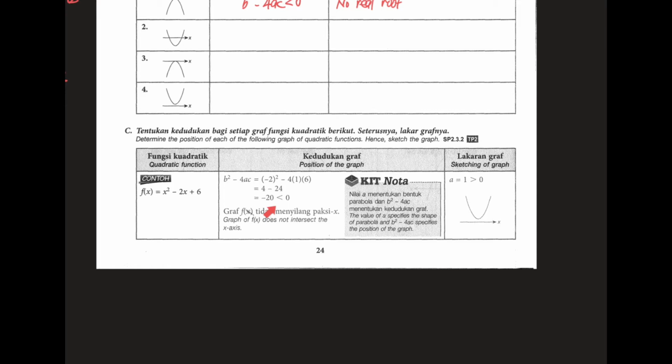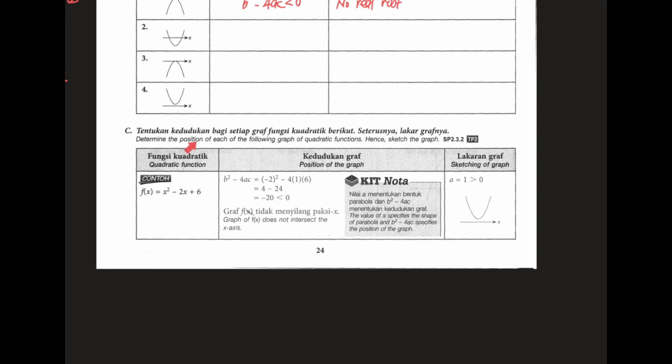So you should expect no real root, and the graph is a smiling face because a is more than 0. A smiling face graph which is above the x-axis and never crosses the x-axis because there is no real root. So the graph will be like this.